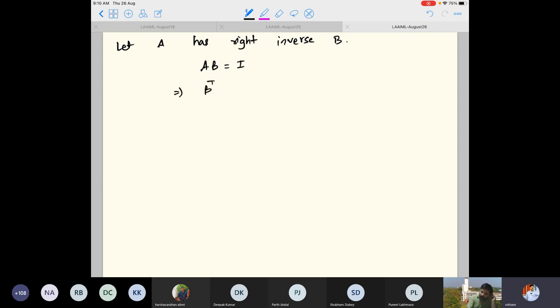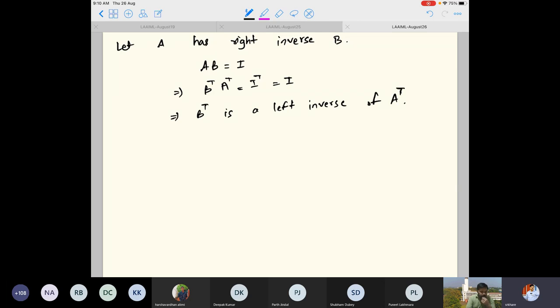This will imply that B transpose A transpose is equal to identity transpose, which is equal to identity. So what does that mean? That means B transpose is a left inverse of A transpose. So this is what is really happening.